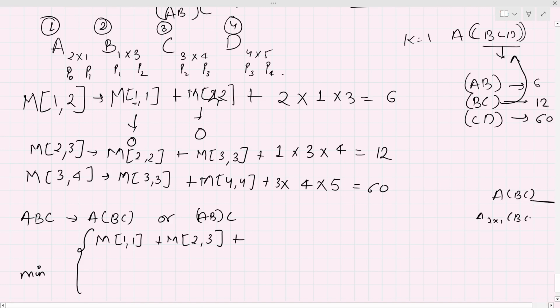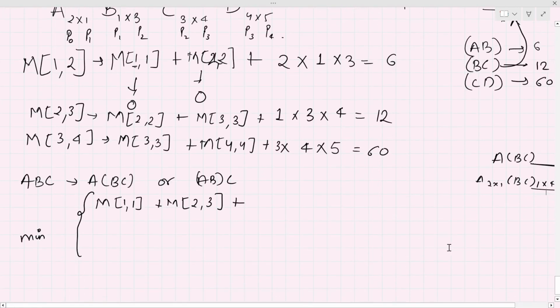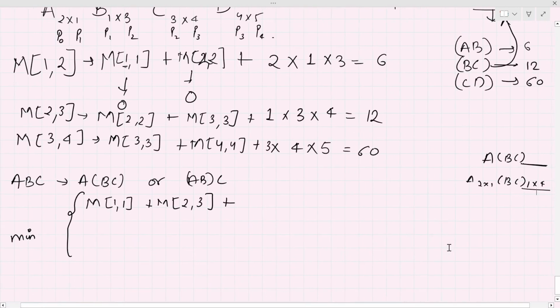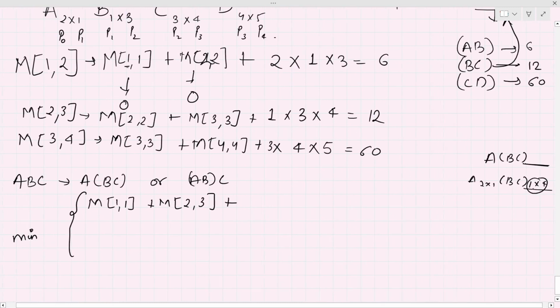We know what is common in both of the matrices, so 1 comma 4 is the correct answer. But if we have more than 3 matrices, it creates a little confusion to find the order.